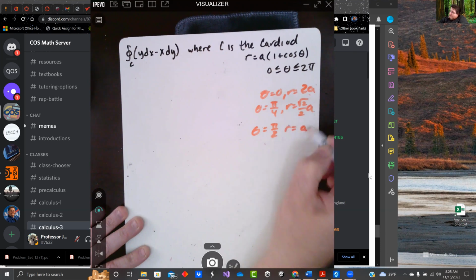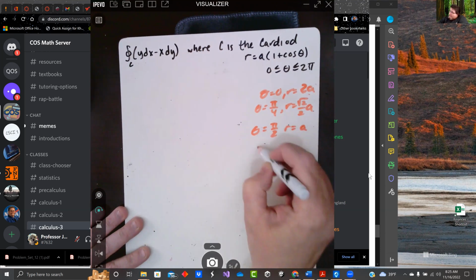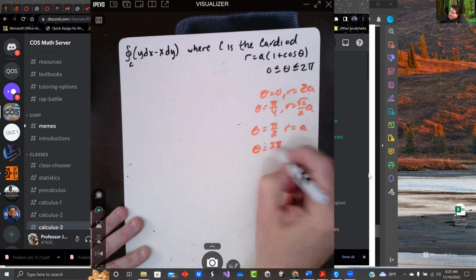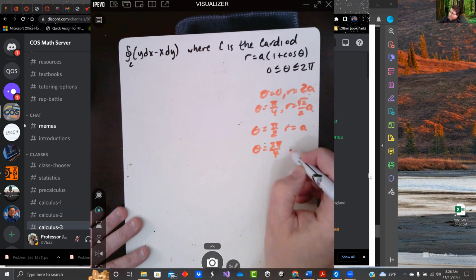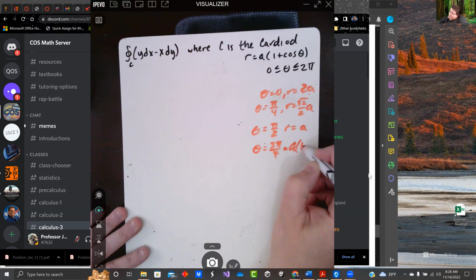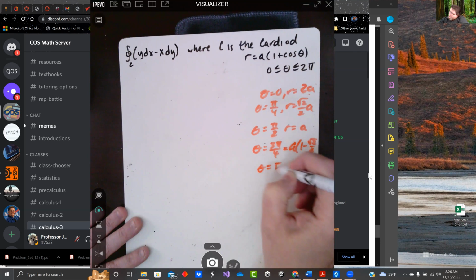When theta equals 3 pi over 4, we've got negative root 2 over 2 plus 1, so it's going negative. How's that possible? Am I doing that right? No, negative root 2 over 2 is less than 1. So a times 1 minus root 2 over 2. And when theta equals pi, that's when it equals 0.